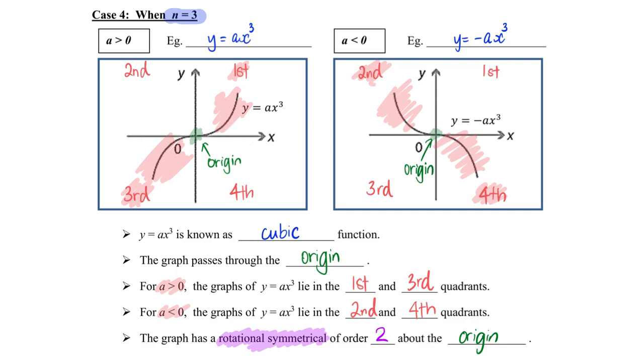It passes through the origin, and if we were to rotate the graph for the case where a is positive, it will be able to rotate onto the graph when a is negative. So there is a rotational symmetry of order 2. And we have come to the end of this part of the case. Let's continue to explore other cases.